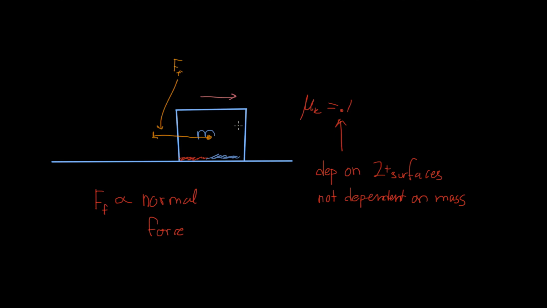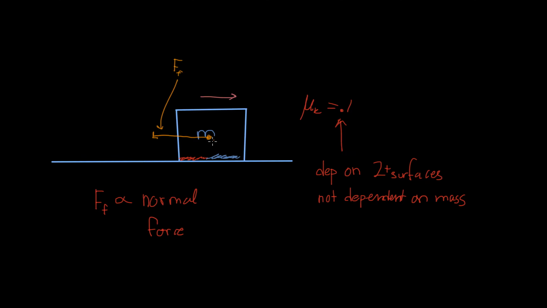However, the force of friction is only dependent on the normal force. It's not dependent on the speed of how fast it's moving. It doesn't change over time, assuming the mass isn't changing and the ground stays the same material. And it's not dependent on the other forces acting on it.